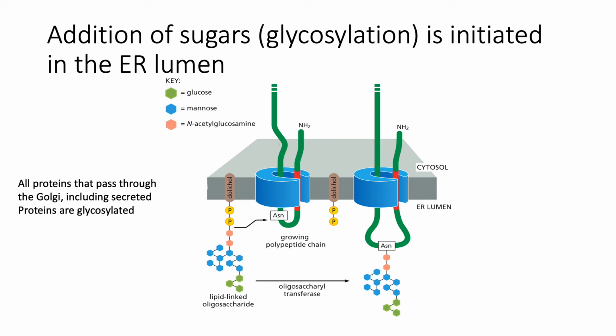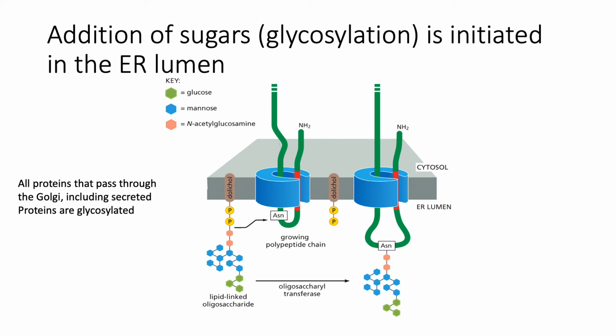They have glucose, mannose, acetylglucosamine. These are sugars that get added in the lumen of the ER. So this shows you co-translational transfer going on, and then they're usually attached to asparagines, particular amino acids. And so you have in the membrane a protein-bound lipid-linked oligosaccharide. And that oligosaccharide gets cleaved and moved over, and it gets attached to the asparagine.